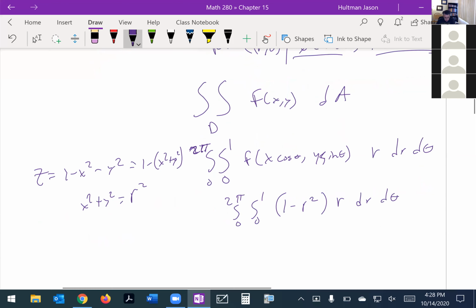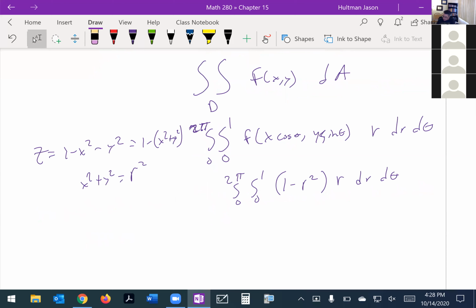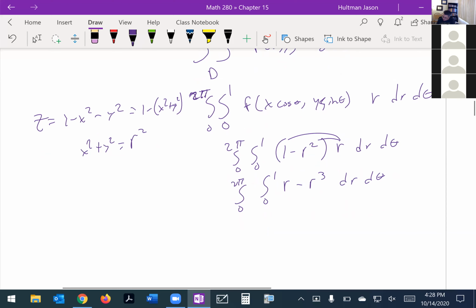Oh, okay. So now all I'm going to do is distribute, and I get r minus r cubed dr d theta, from 0 to 1 and 0 to 2 pi. And so this becomes r squared over 2 minus r to the 4th over 4, evaluated from 0 to 1.